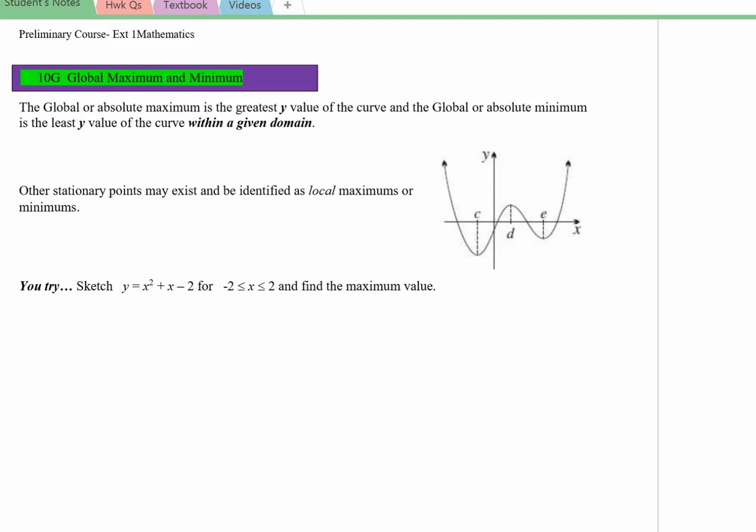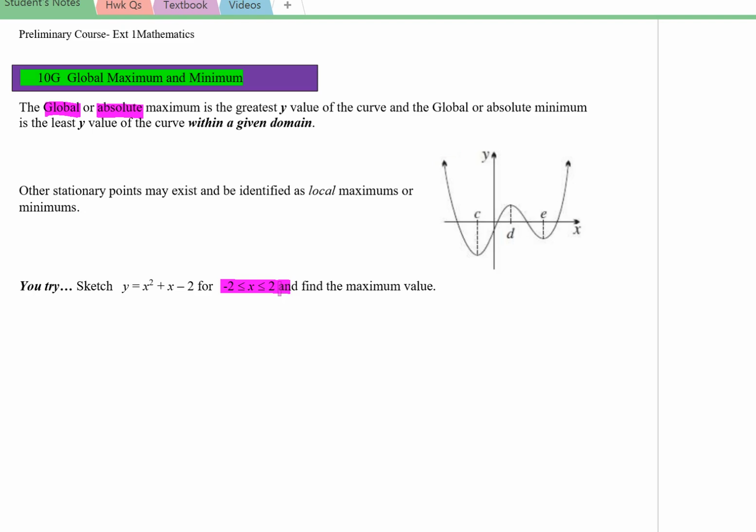What they do is they might say, find the global or absolute maximum or minimum, where x only extends from, for example, you can see here, -2 to +2.